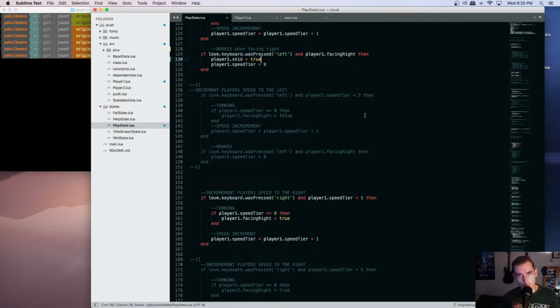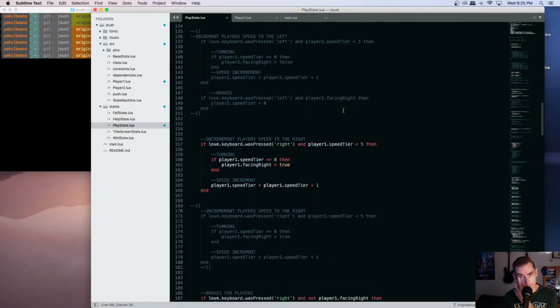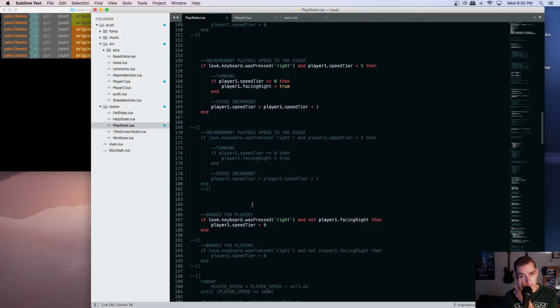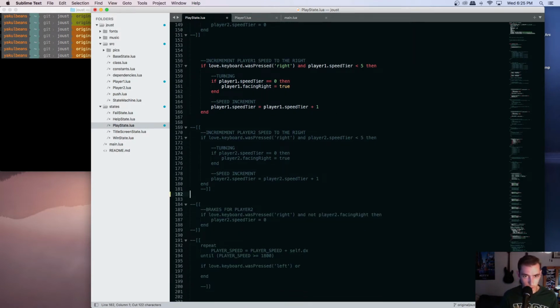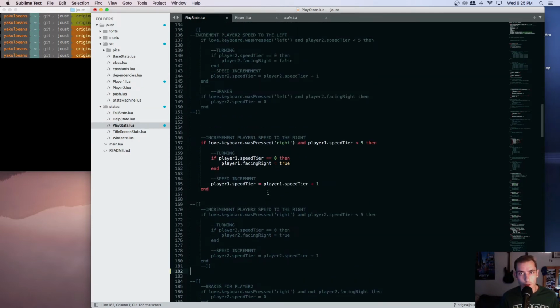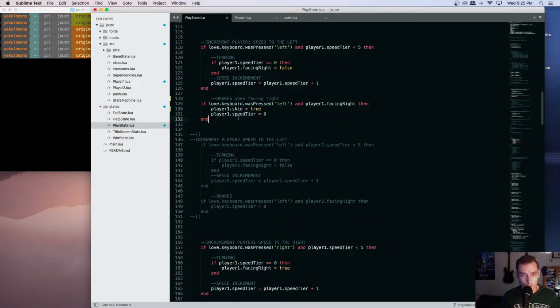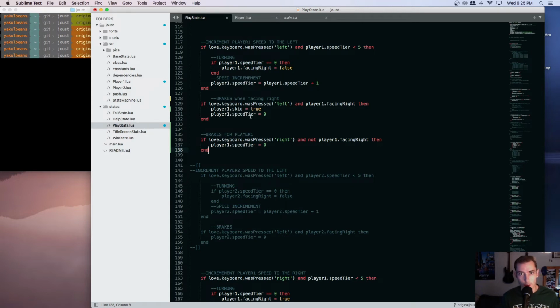And then I need these brakes closer to the other ones. So brakes when facing left.